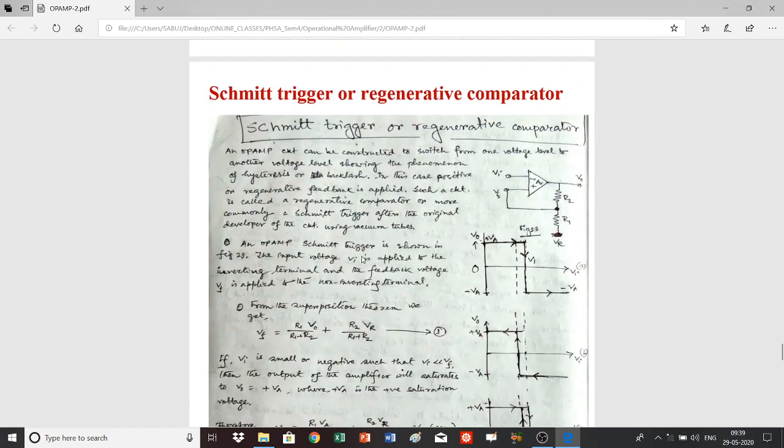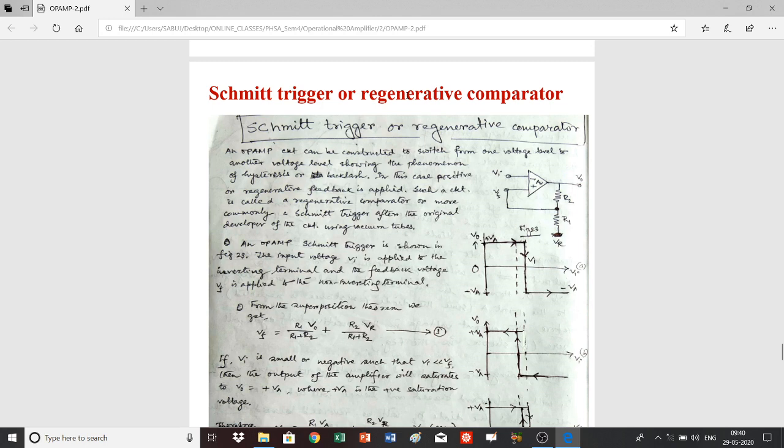Now come to another important topic, which is a regenerative comparator or Schmitt trigger. What is it? You know what a comparator is. That means this device will compare two voltages, and regenerative means in this case positive feedback will be applied.